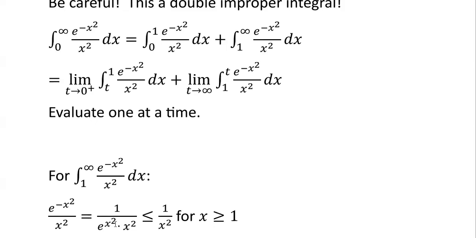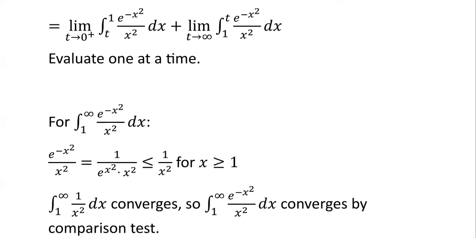We're dividing by something bigger, so that's why our final value is smaller. And we know that the integral from 1 to infinity of 1 over x squared dx converges. Hopefully you know that by now. This is a very common one we compare to. Since we know this converges and our function is even smaller, then by the comparison test, our integral converges as well.